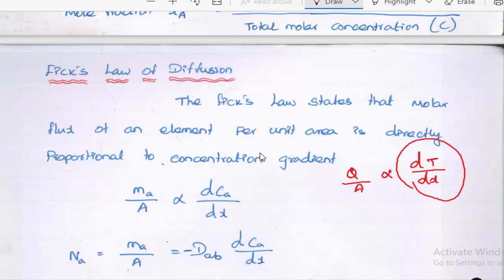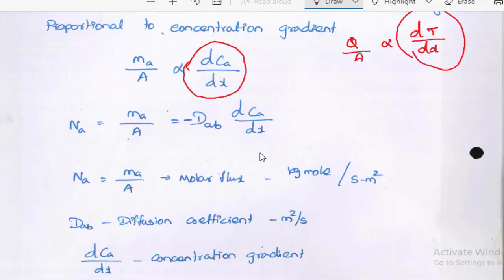Here the mass transfer happens because of the concentration difference. So I am putting the concentration gradient. So Ma divided by A per unit area is directly proportional to the concentration gradient.